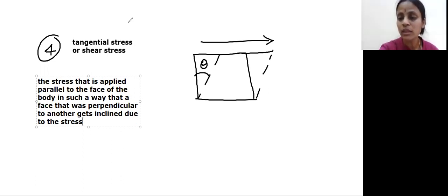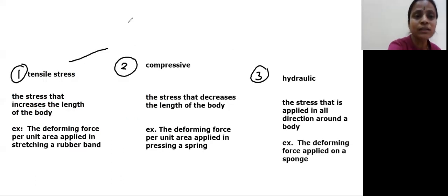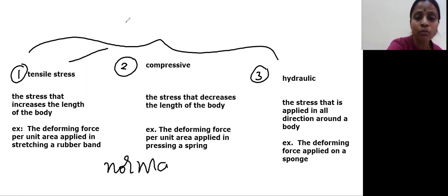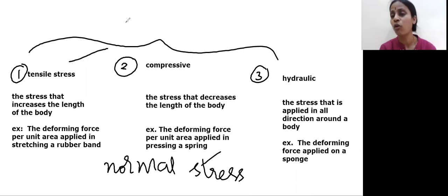Please get one thing very clearly. Whether it is tensile stress or compressive stress or hydraulic stress, these all come under the category of normal stress. Normal ka matlab kya hai? What do you know about normal? Normal means perpendicular, right? So in all these cases, the force is going to be applied perpendicular to the area of cross section. Just imagine your rubber band to be a cylinder.